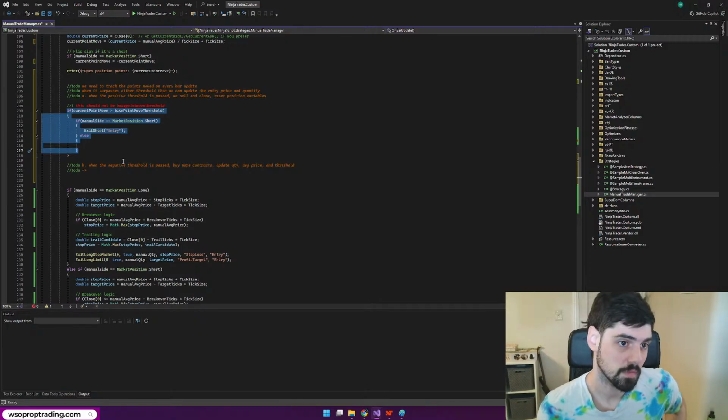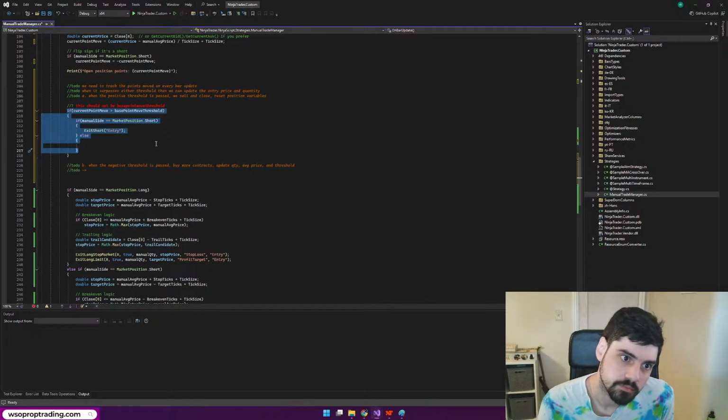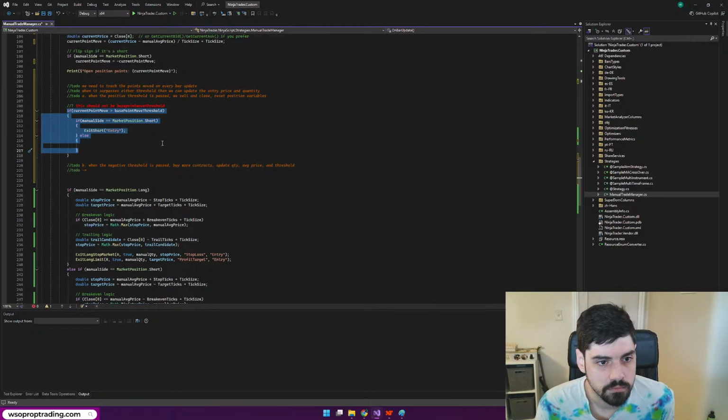So for that, it should be every time the point move is greater than the point move threshold. Then it changes, yeah.